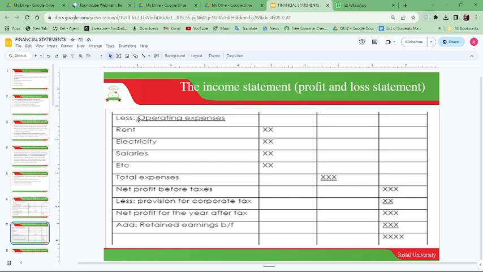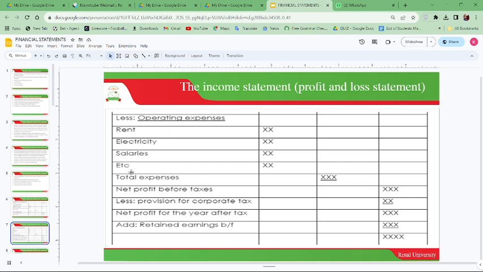Then we less the operating expenses from our gross profit. So we have to identify those operating expenses. We have rent, electricity, salaries, and many others. As long as you know it falls under expenses, you less it.